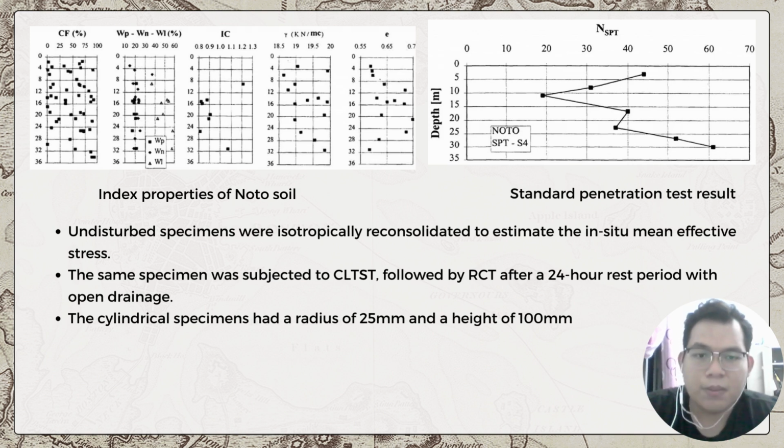The same specimen was subjected to CLTST followed by RCT after a 24 hour rest period with an open drainage. The cylindrical specimen had a radius of 25 millimeters and a height of 100 millimeters.